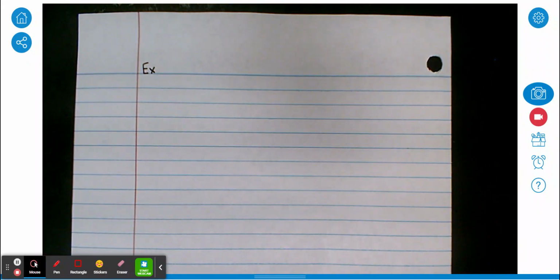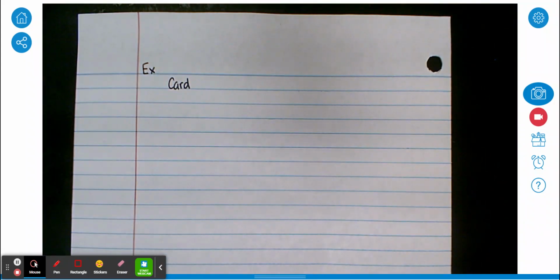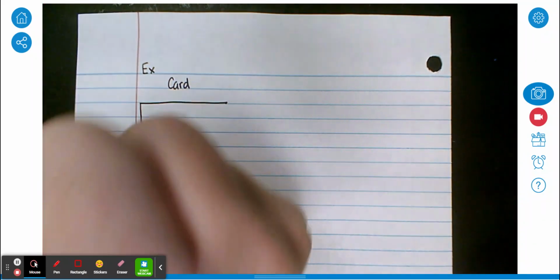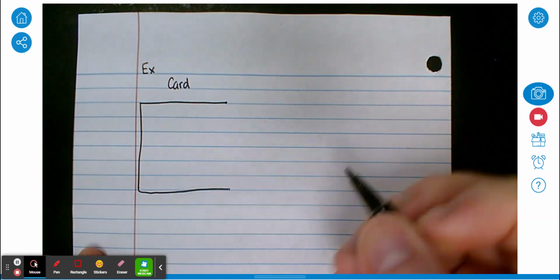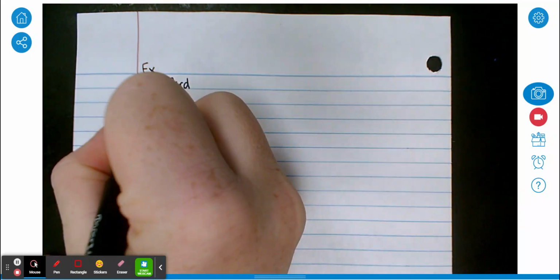So, example 1, we are going to start with the element of bromine. Bromine is element 35.